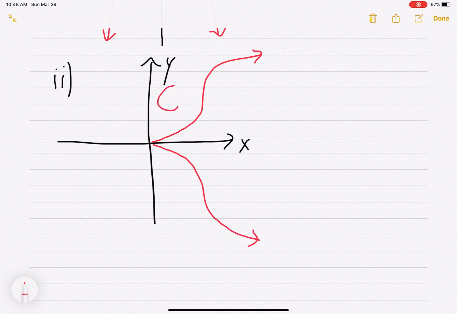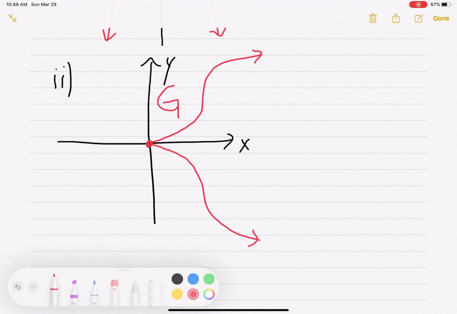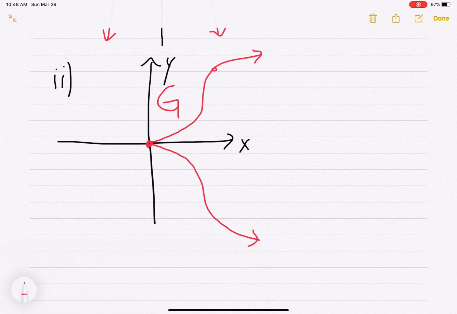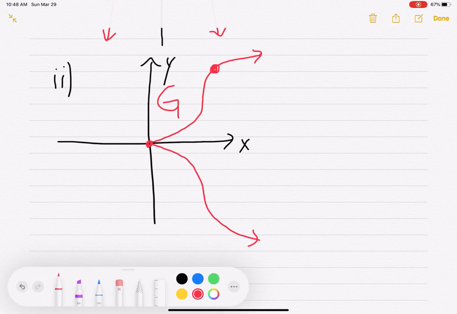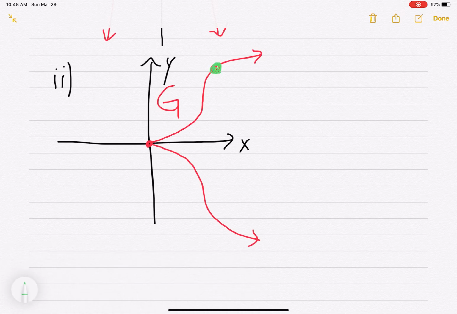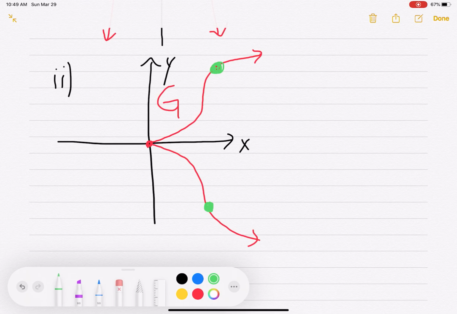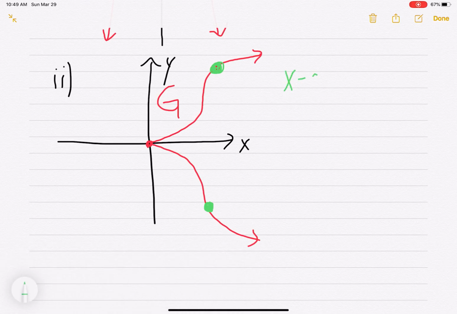Let's call it G. So what about G? Does it have any kind of symmetry? Well, it should here, right? If I pick a point in my upper quadrant, it's called a green point. There is a point on the opposite side of the x-axis. There's a mirror image here about the x-axis. So if x positive y is there, x negative y is there. So this is x-axis symmetry, right? A mirror image about the x-axis.